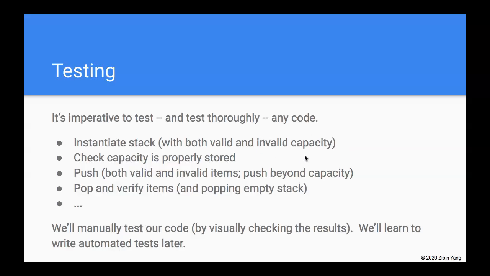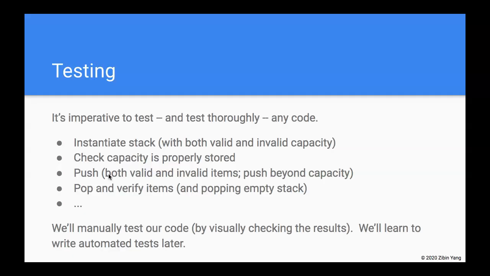So we have to test to make sure our code behaves properly in both cases. And then we should also test that the getter for the capacity is returning what we requested. And then we have to do obviously a bunch of pushes to push both valid and invalid items. Again, make sure that it handles both properly.